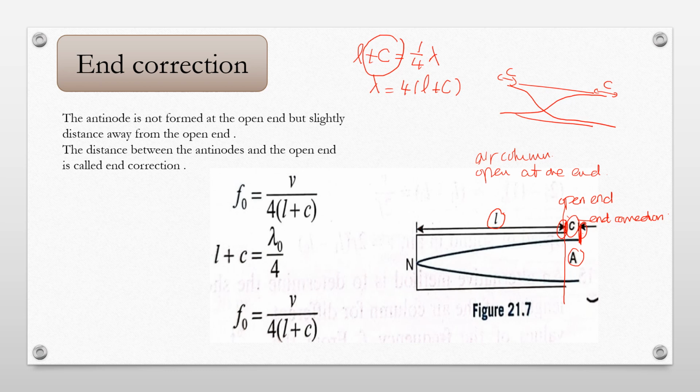This one is L, so L plus 2C equals half lambda. So lambda equals 2L plus 2C, something like that, so 2L plus 4C. That's how end correction is added into the sources of sound.